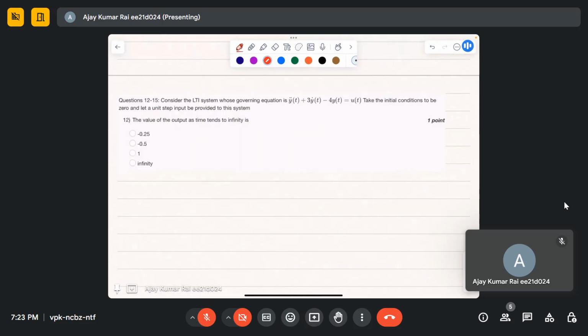So 12, 15. Consider the LTI system whose governing equation is this. Let me write the equation: plus 3 dy by dt minus 4 y(t) equal to u(t).